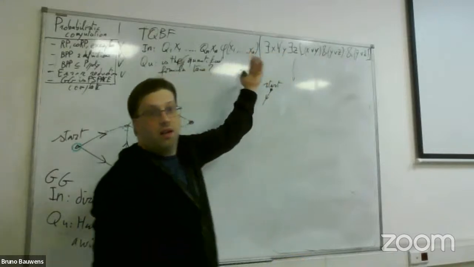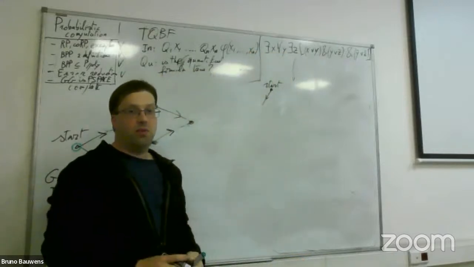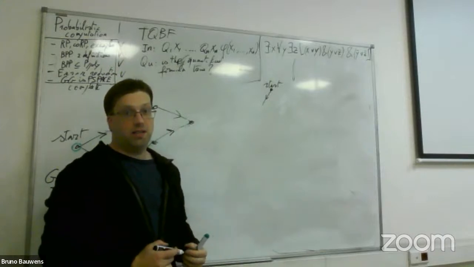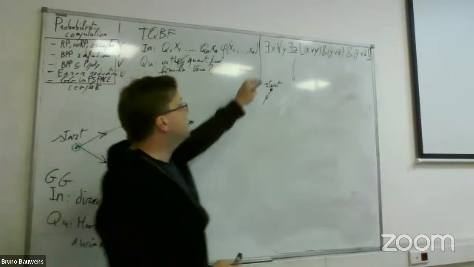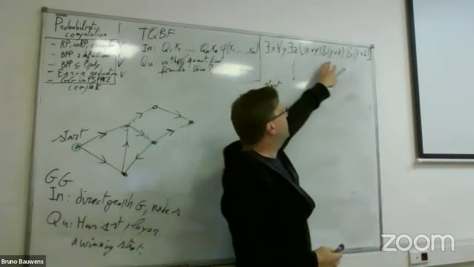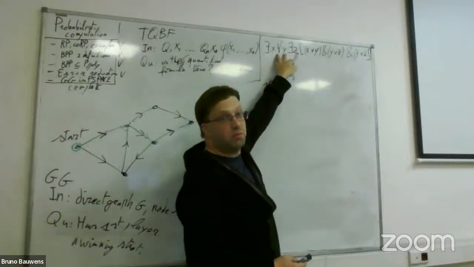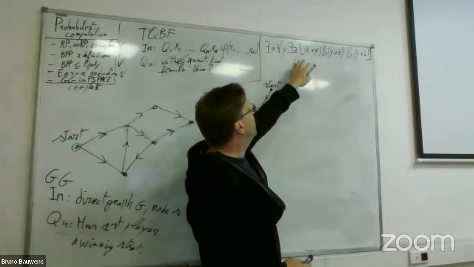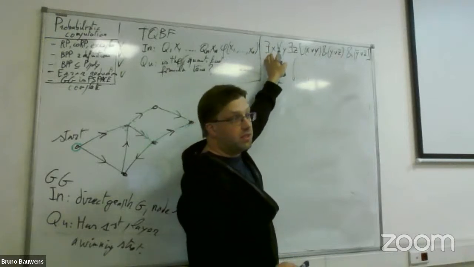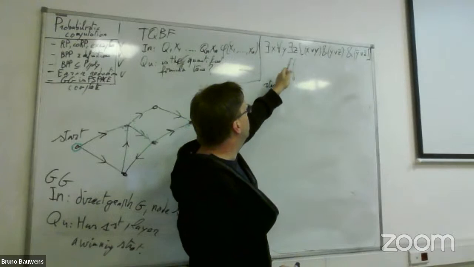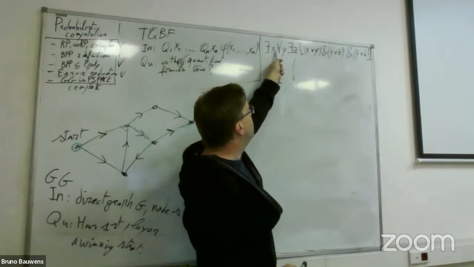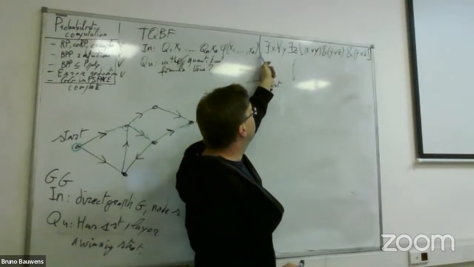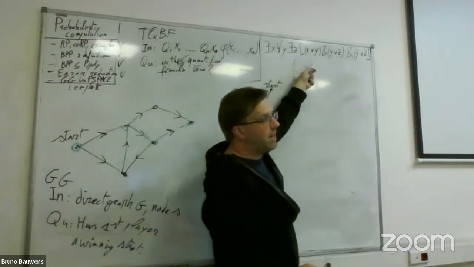Note that a quantified Boolean formula we can already view as a game with two players: the exist player who wants to make the formula true, and the for all player who wants to make it false. The formula is true if and only if the exist player has a winning strategy. So how does it work? They go over all variables from left to right.